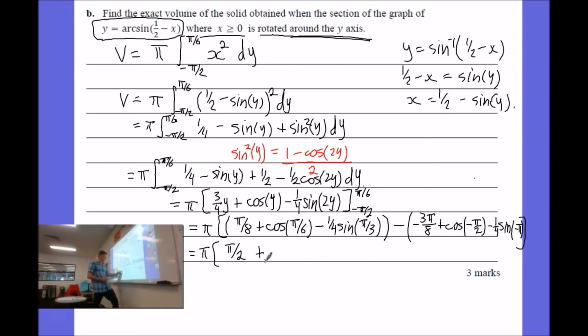So we will get 3 root 3 on 8 altogether, and multiplying the pi through, pi squared on 2 plus 3 root 3 pi on 8. This is a volume, so units cubed to get our result.